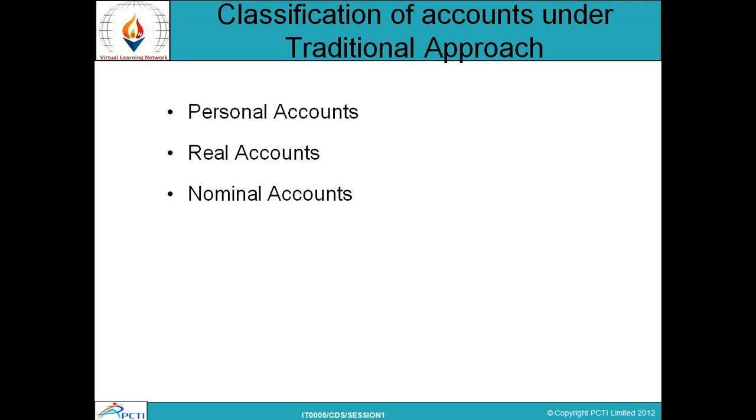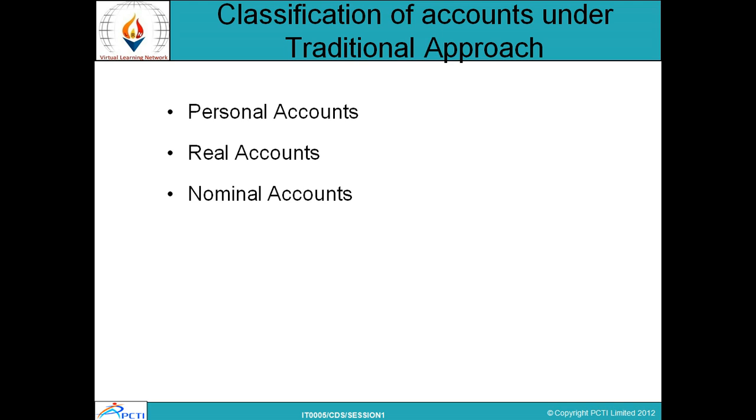Coming to real account, examples of the real accounts are building account, furniture account, stock account, cash account, right? Patent, goodwill, rights, etc. All are your real account. Nominal accounts are also known as impersonal accounts, and they are in form of expenses or losses, incomes or gain.